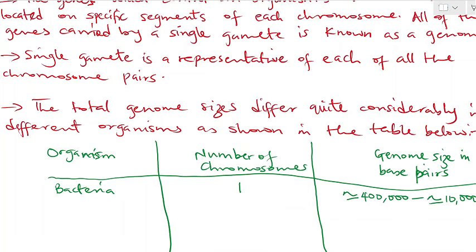Okay, then you have the yeast, Saccharomyces cerevisiae, having 12 chromosomes, and it has 14 million base pairs. Then we also have the worm, and the worm has 6 chromosomes, and that is approximately 100 million base pairs.